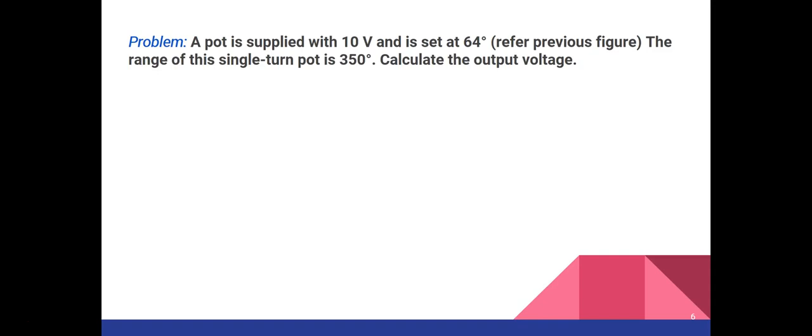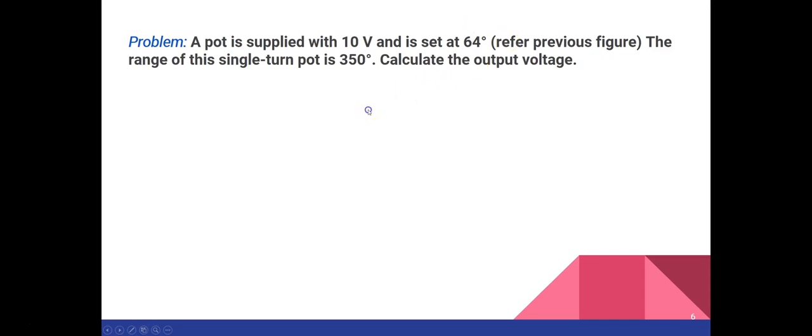So if the pot is supplied by 10 volts, then the maximum angle we know is going to be 350 degrees, and at this 350 degrees, this single turn pot produces 10 volts output. And using these values, we can set up an equation for the ratio of output to input, and use that ratio equation to calculate the output for any input.